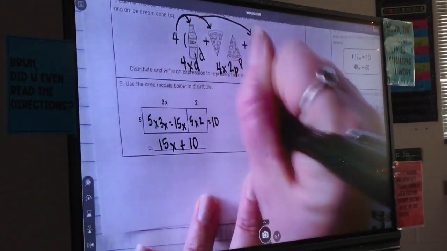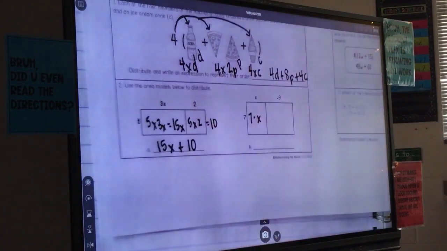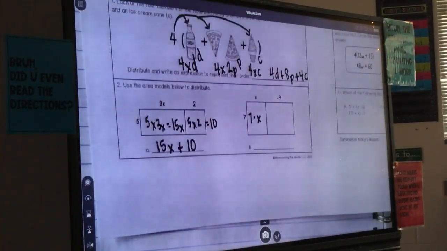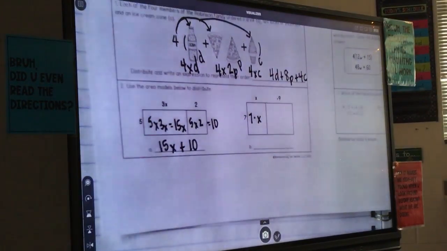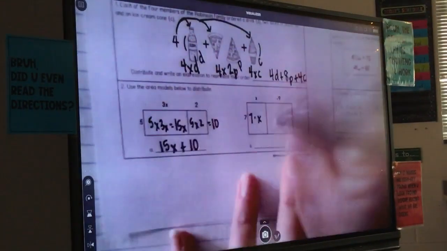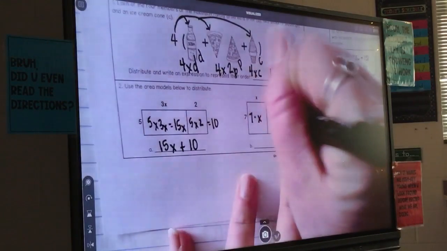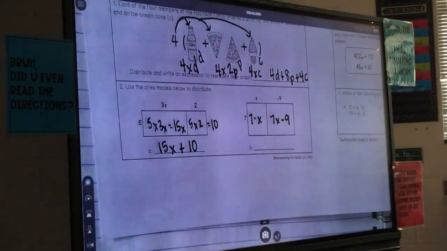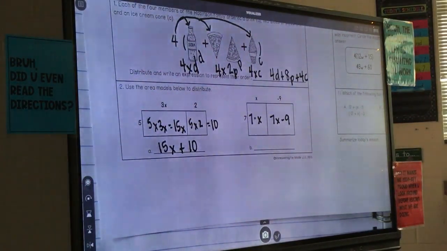7 times x. And the reason I'm not putting a times symbol with an x is because it looks really weird, like 7xx. And then we have 7 times negative 9. Do not lose your minds with this negative number right here. That negative simply means that we're going to be subtracting.